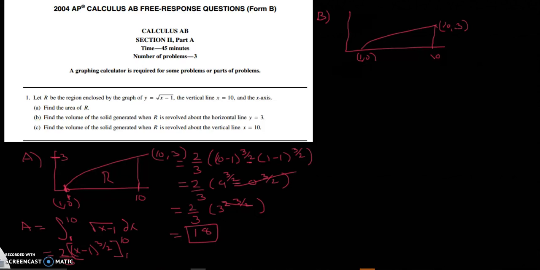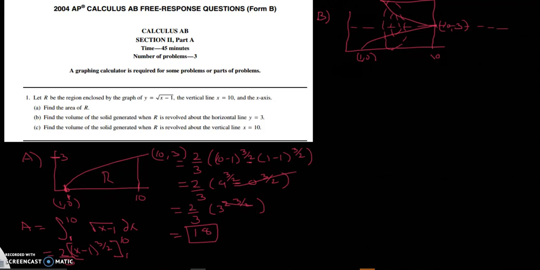It wants it reflected around this line over here. So when you do that, it's going to look like this more or less. It's definitely going to be a washer, so you have the outer and the inner.